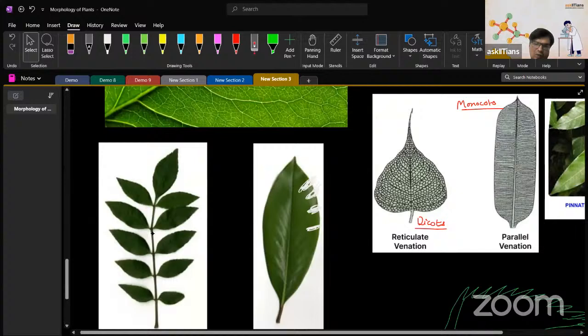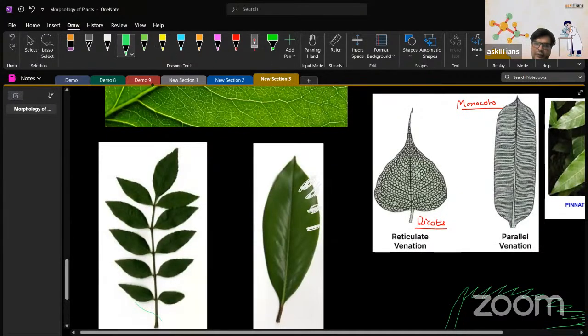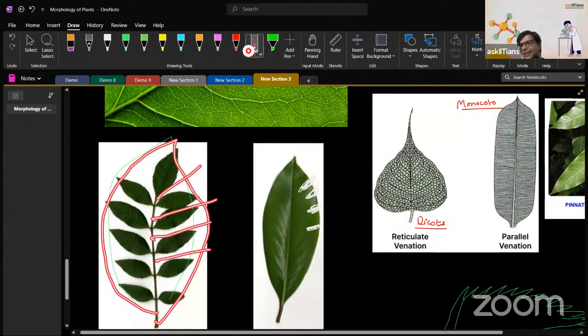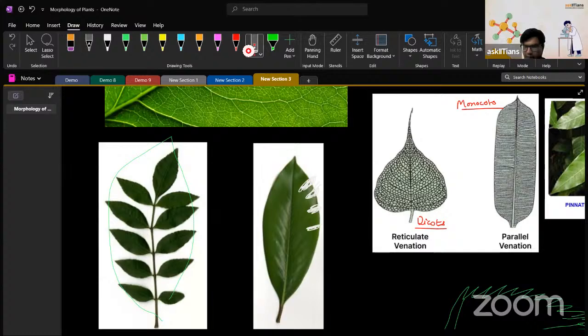Doesn't it look like once it was one big leaf, and somebody cut deep to the midrib? As a result, the leaf was technically divided into smaller leaves. We call these the leaflets. Okay, so that's that, and those are the different types of leaves.